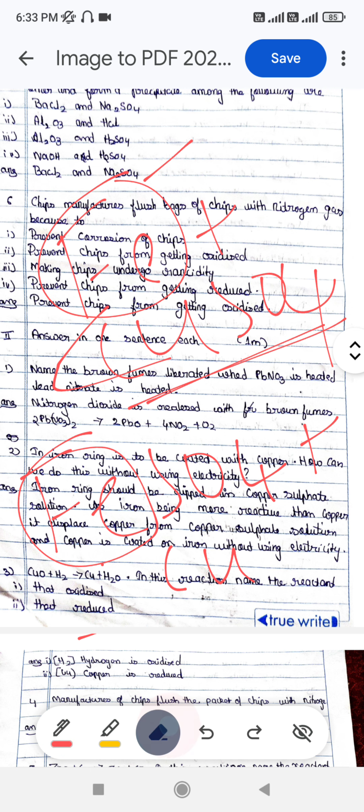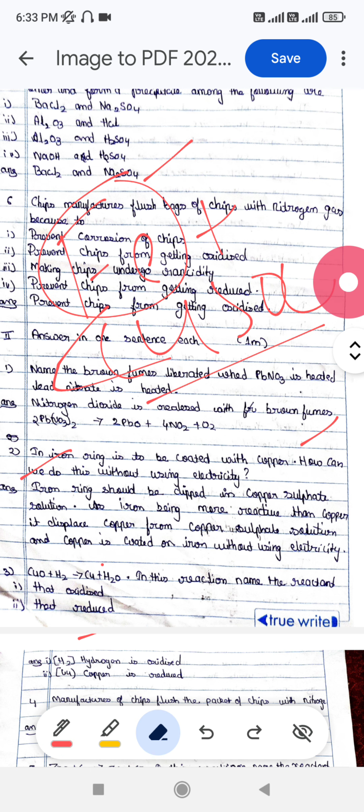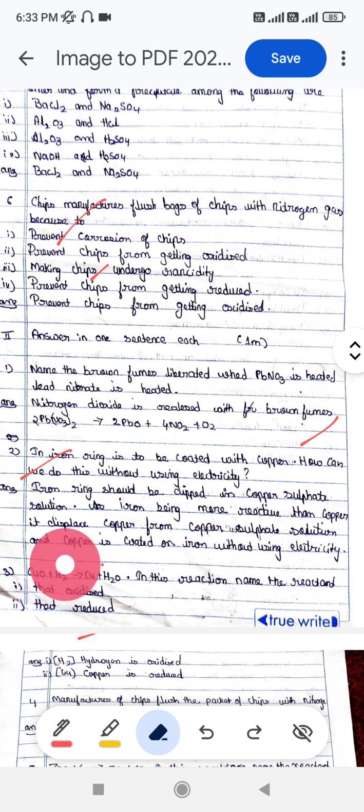This is the answer to the second question. Remember that iron is always more reactive than copper.